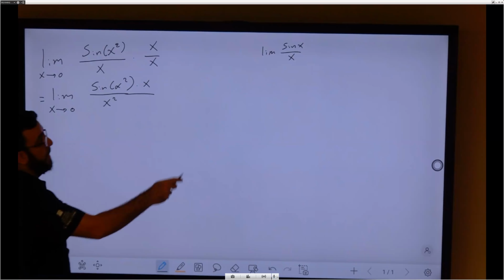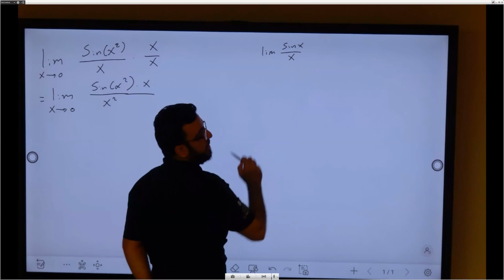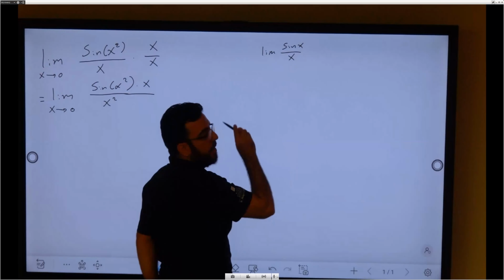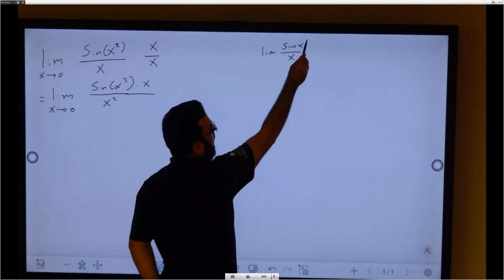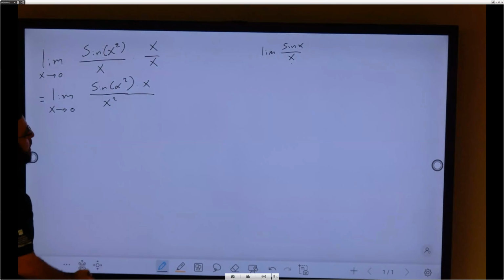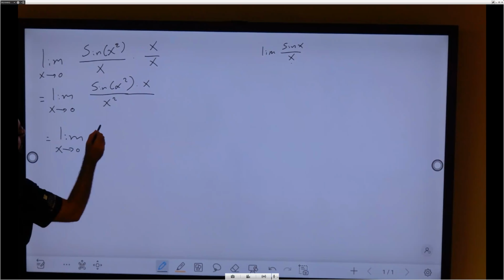Because the rule says sine x, the angle must be exactly the same x here. If it's x cubed, you have to get x cubed here. If it's x to the power 100, you have to get x to the power 100 here, so you can use the rule.